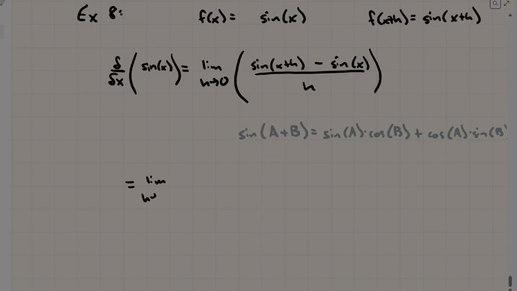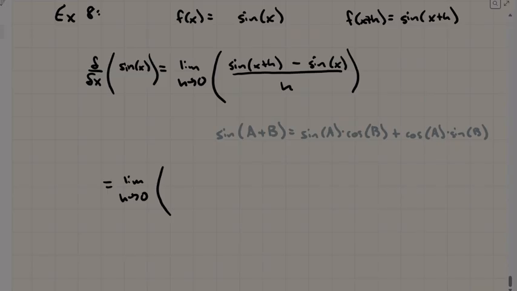Right, and so our derivative is going to equal the limit as h approaches 0. Now, instead of sine of x plus h, we've got this expression here, where we're going to use a as x and b as h.